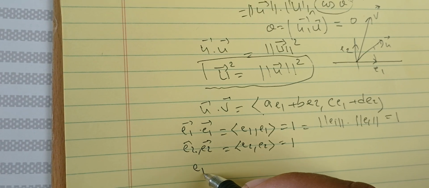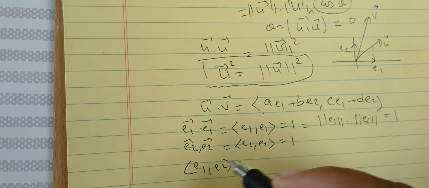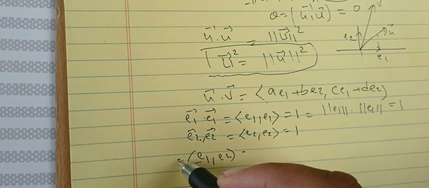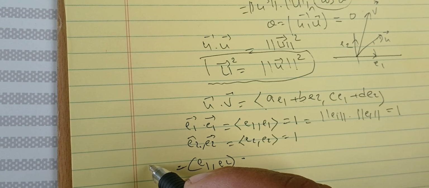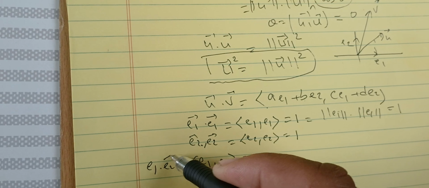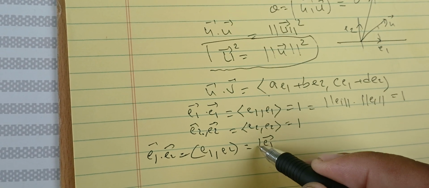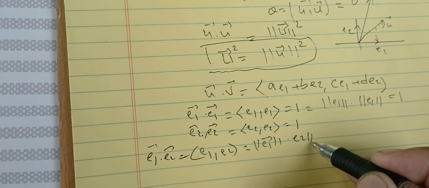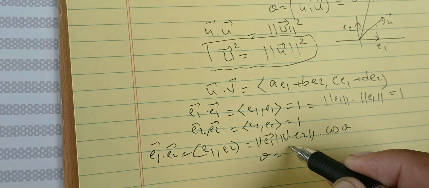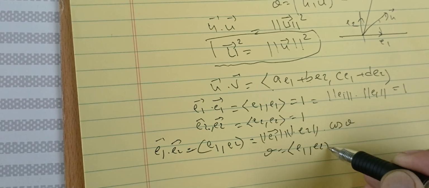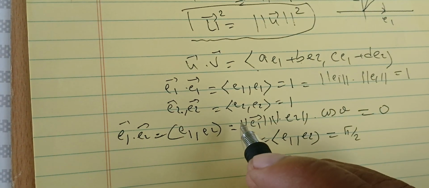The key here is that when I do the scalar product of e1 with e2, what do we get? You get the norm of e1 times the norm of e2 times the cosine of theta. Theta is the angle between e1 and e2, which is pi over 2. Therefore, I have 0.